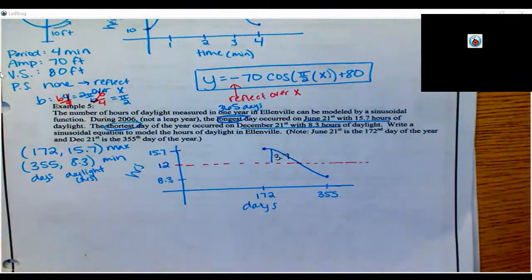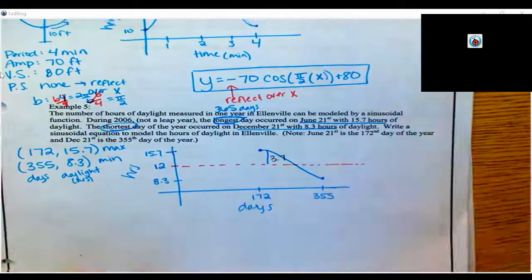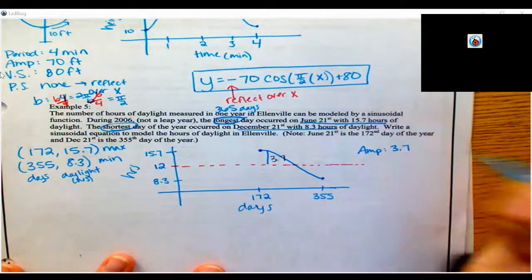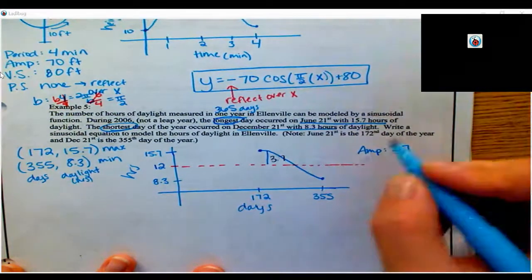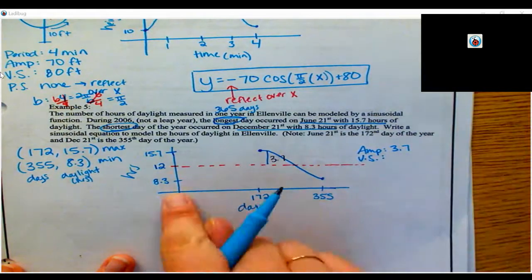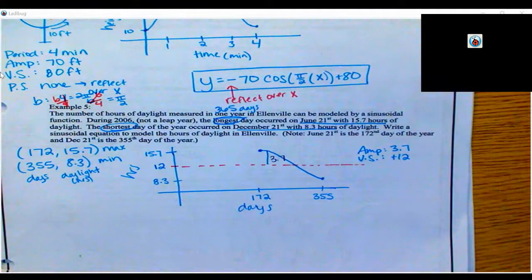Okay, good. So we just found our amplitude. That's good. I'm going to write that down. Amplitude is 3.7. We need that information to write our equation. Our vertical shift, we just calculated that. The midline went up 12, so your vertical shift is 12. That's good.